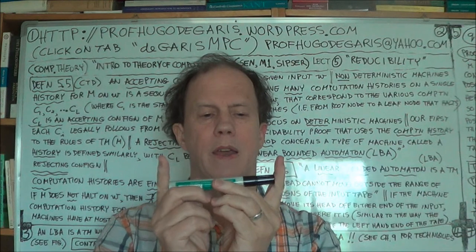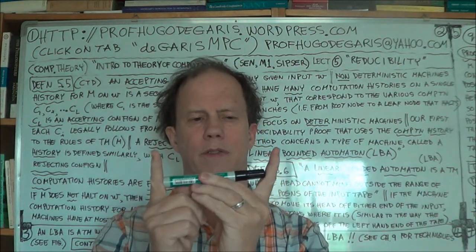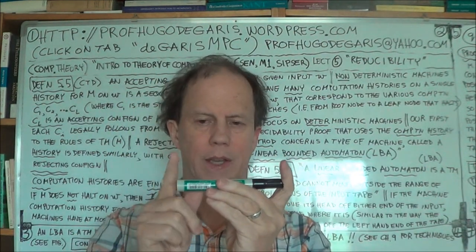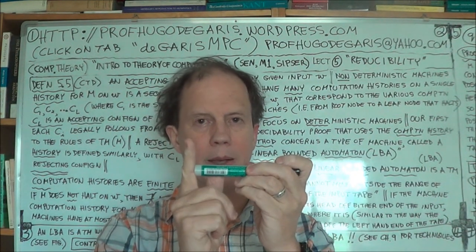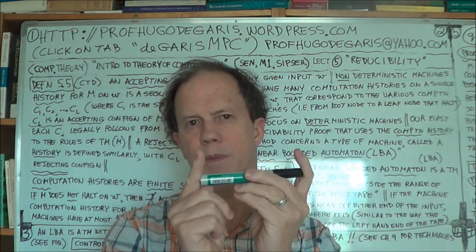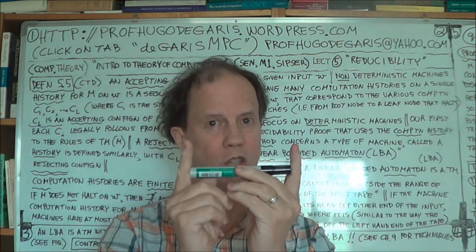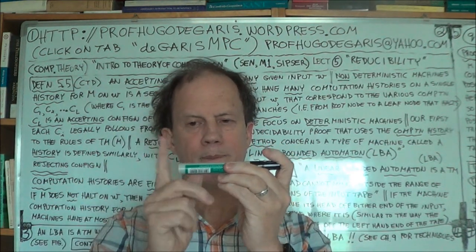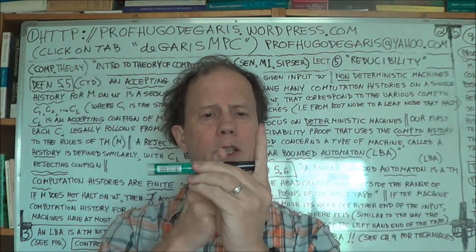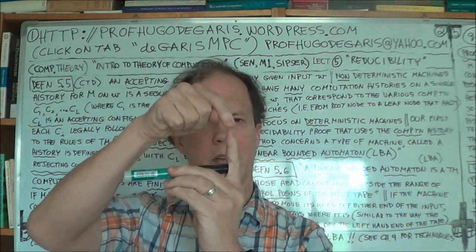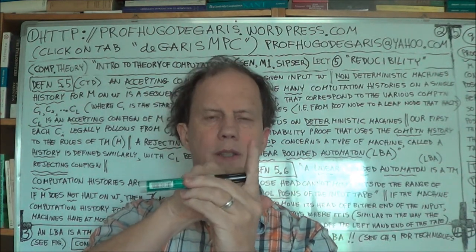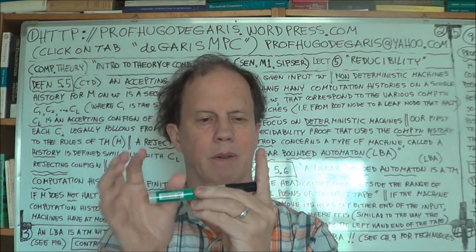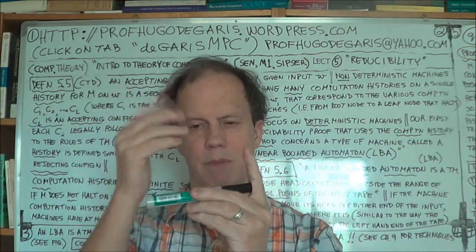Now, if this LBA attempts to go to the left of this boundary, it just stays put. It may change all the other things, but its position won't change. It'll just stay at the leftmost square. And similarly, if it attempts to go to the right of the rightmost square, it can't. It'll just stay at that square. It may change the state and what gets written, all that can change.